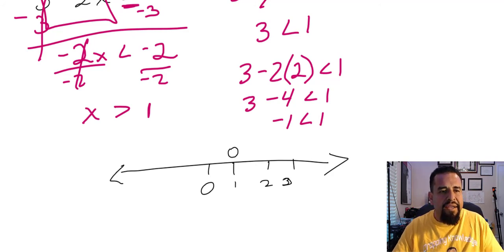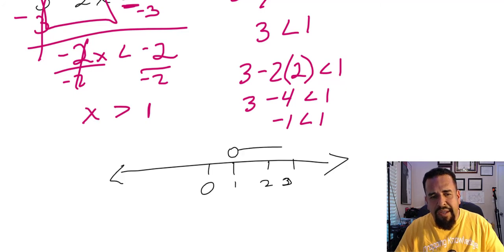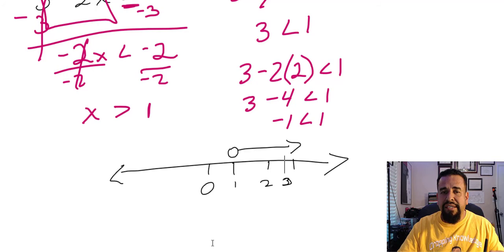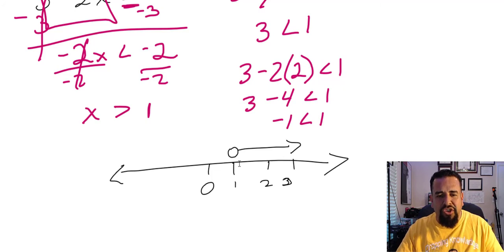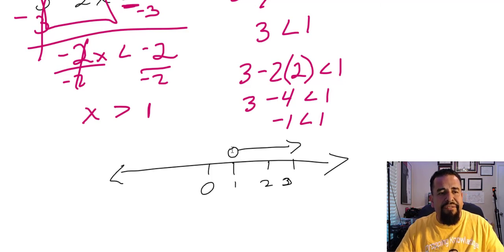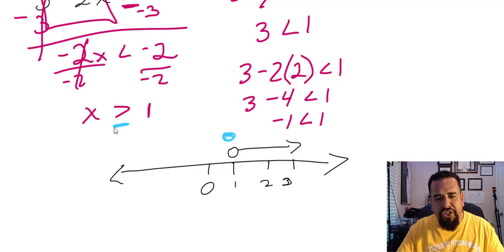All right, here we go. So x is greater than 1. That means x cannot be 1. It has to be greater than 1. An open circle here means that it doesn't include 1. It just includes all values that are greater than 1. If this, for example, had an equal to sign underneath, then this circle would be shaded and it would go that way.